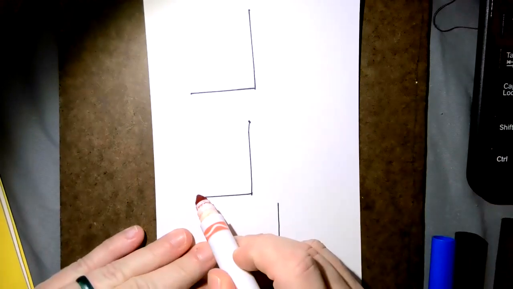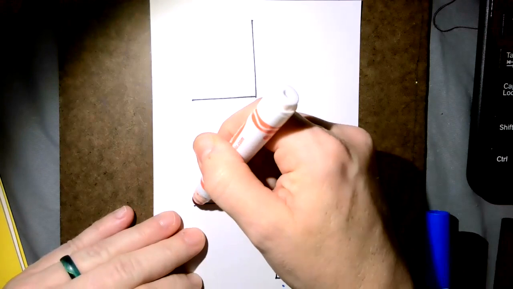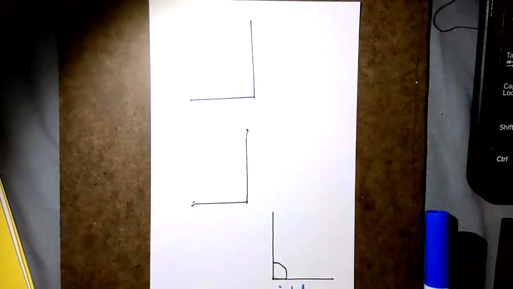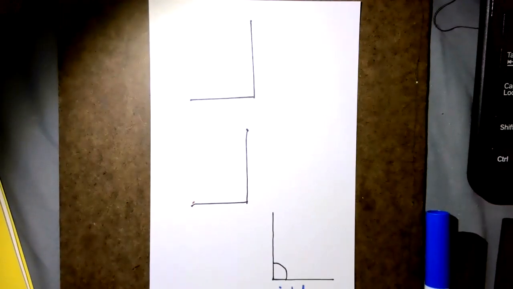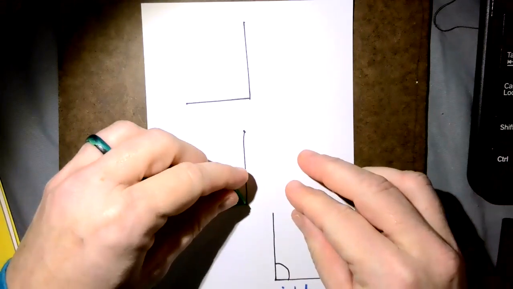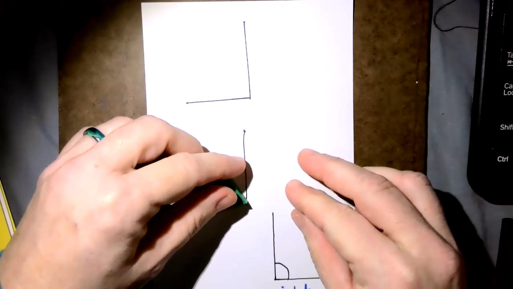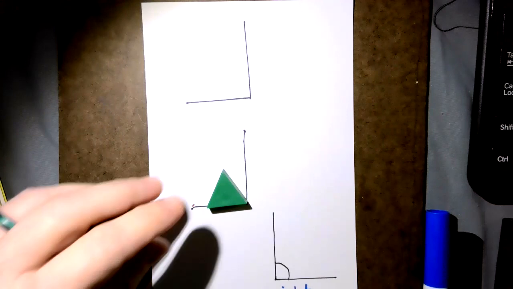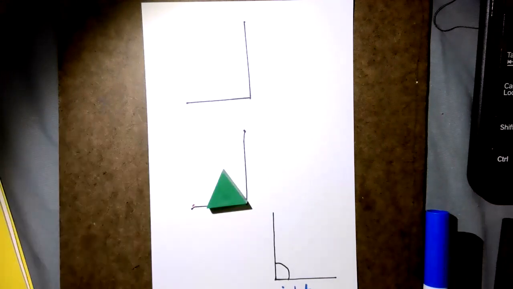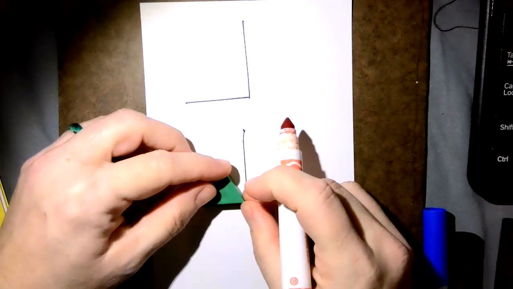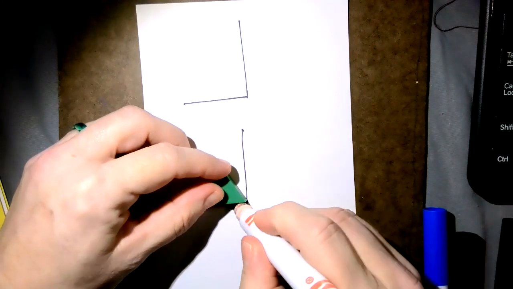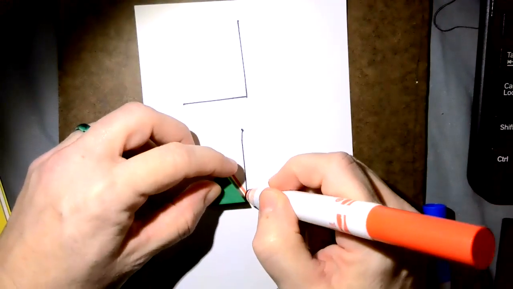But what if I have a shape? I'm actually going to put a shape inside of there. And what if I was to trace around this angle that I've got right here inside of this right angle?